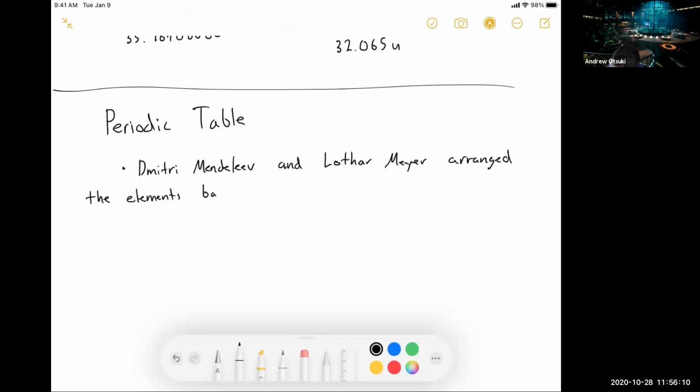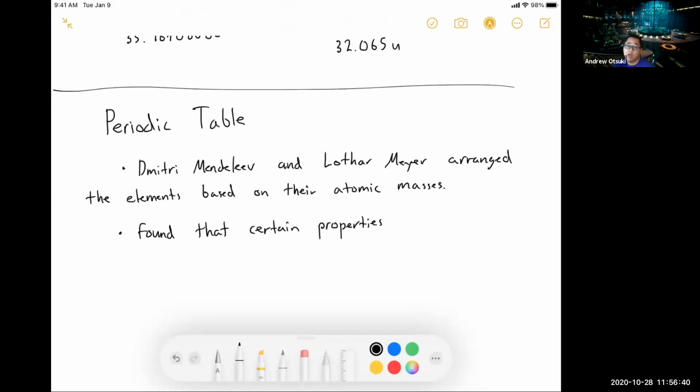Based on their atomic masses. And when they were doing this, they found that certain properties repeat at regular parts of the periodic table, or intervals.